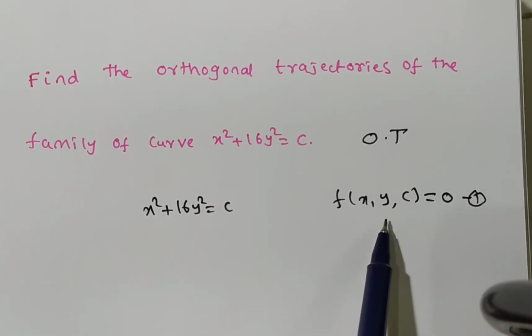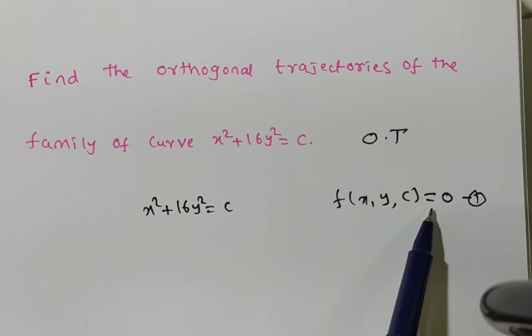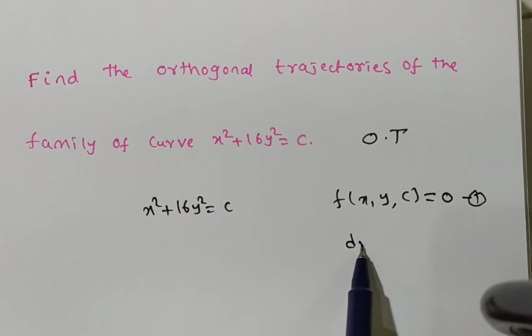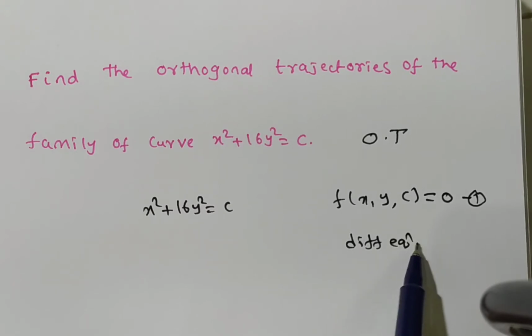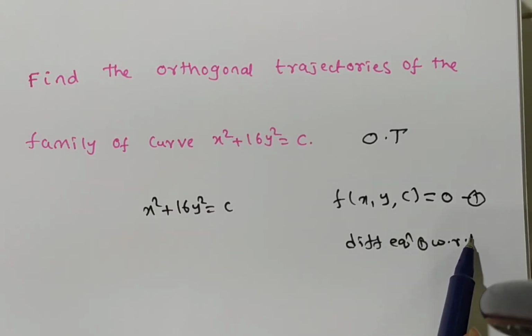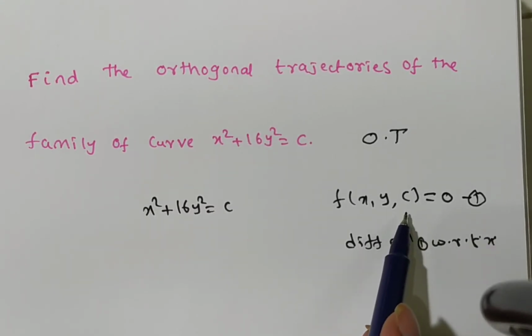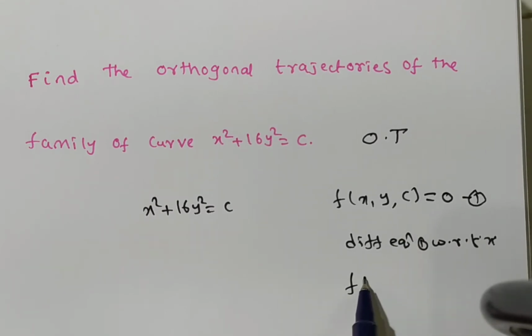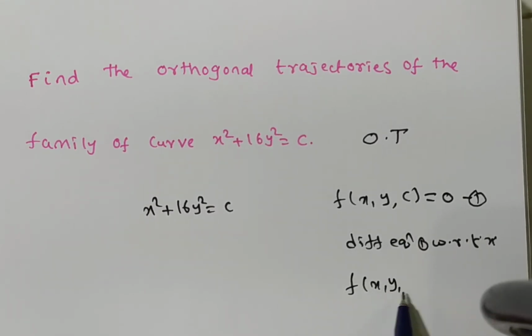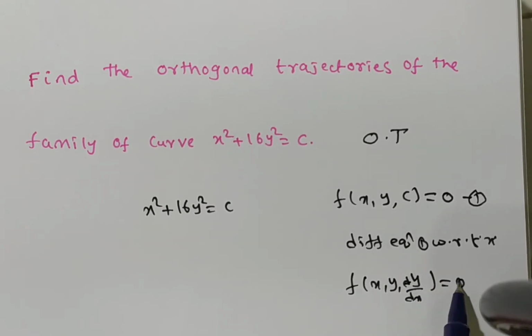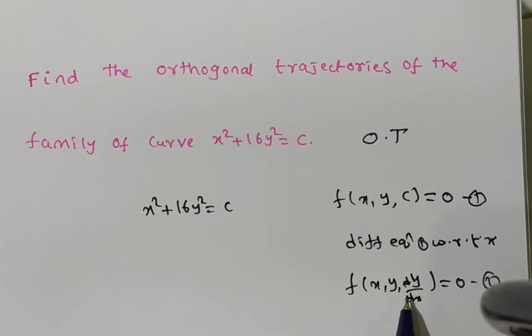Now find the differential equation of equation 1: differentiate equation 1 with respect to x and eliminate the parameter c. Then you will have f of x comma y comma dy by dx, or simply y dash, is equal to 0. This is equation 2, called the differential equation of equation 1.